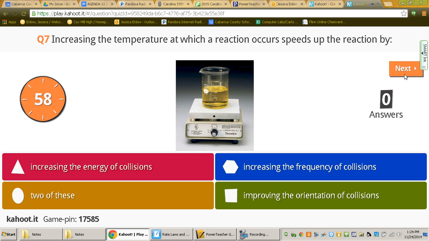Increasing the temperature at which the reaction occurs speeds up the reaction by... Oh my gosh. What is these? That means two of them are right. It just says that two of these are correct.